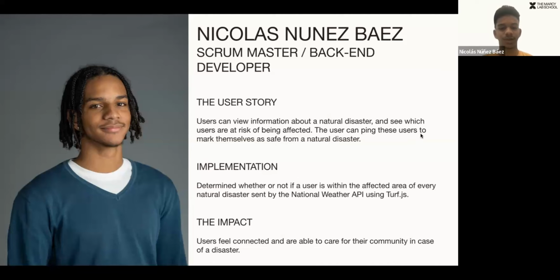From there, I used an external JavaScript library called turf.js to determine whether or not a user is inside the affected area of every natural disaster. This information is then sent to the front end to be rendered. The impact of this feature is the user feeling connected and being able to care for the community, even over long distances.